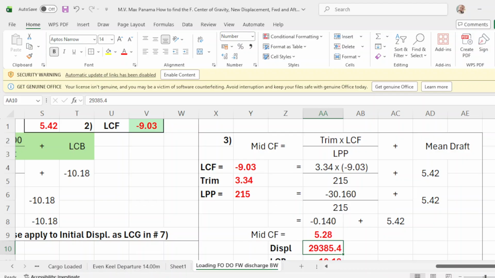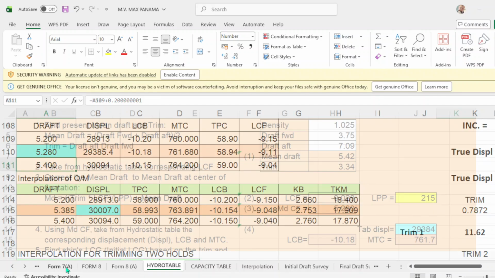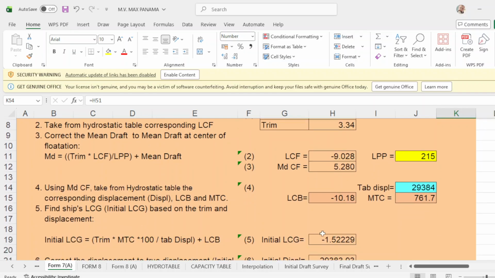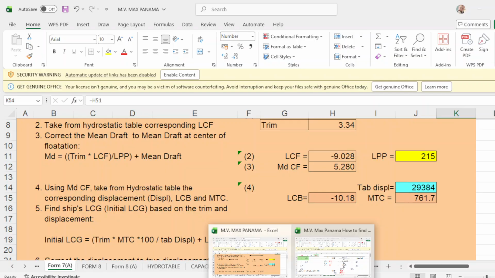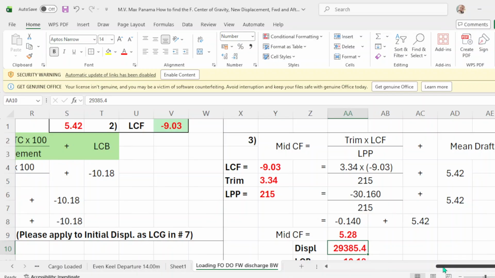That will be number 4, okay? Displacement is 29385. Number 4, we have, go to number 4.